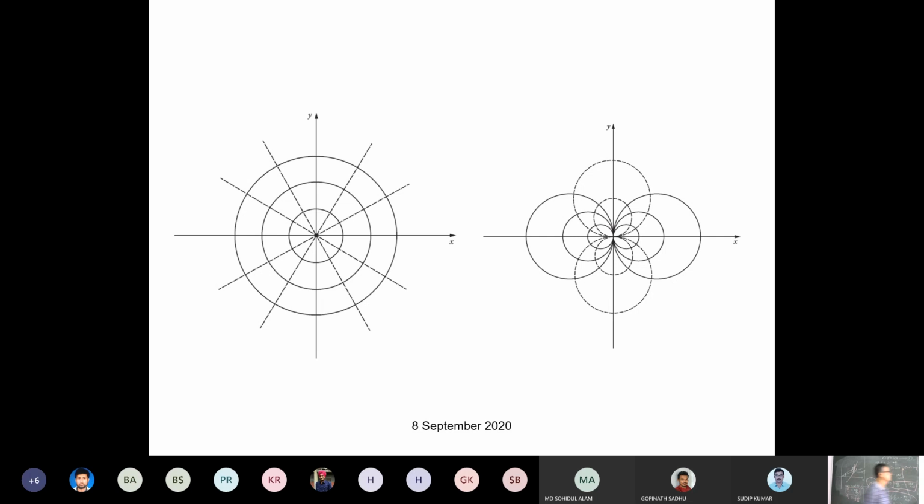So from here, you can see that on the right panel, you have some dotted circles, which are nothing but the orthogonal trajectories to the solid circles. And you can see that the centers of the solid circles lie on the x-axis, and here the center lies on the y-axis. Is it okay? Fine.